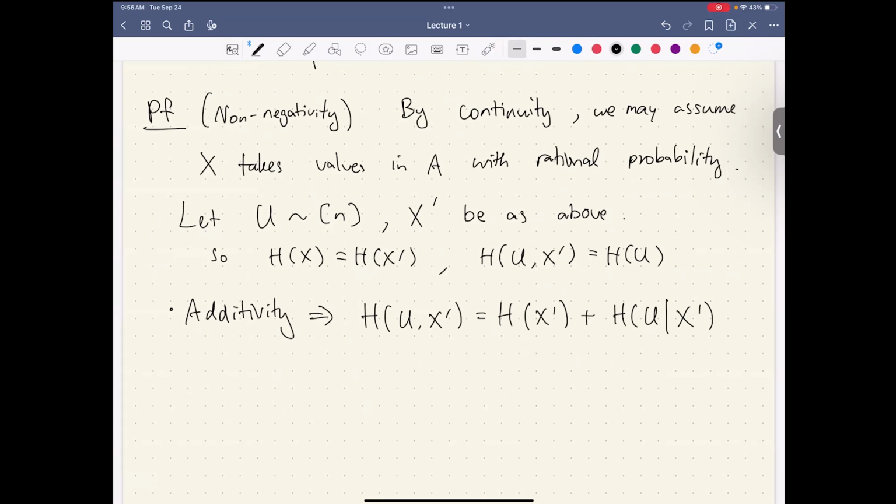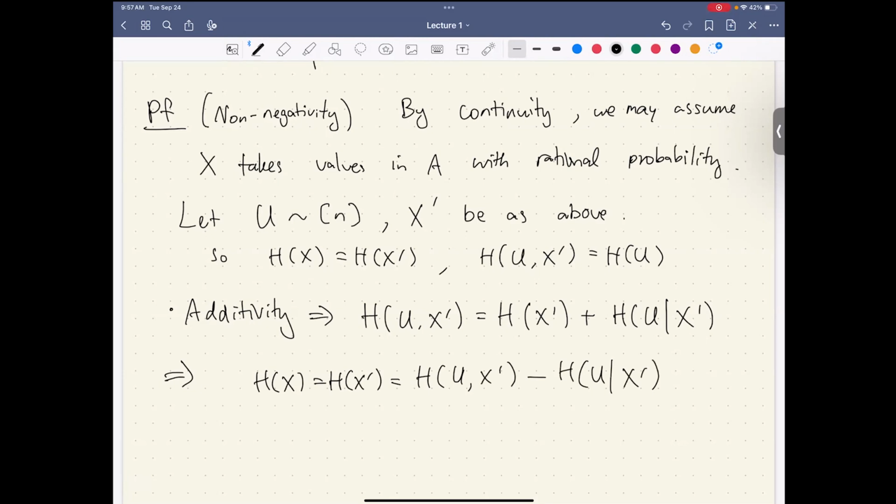Okay. We then get that H of X equals H of X prime. They are identically distributed, but H of X prime equals, by the above additivity, their joint entropy minus the conditional entropy.